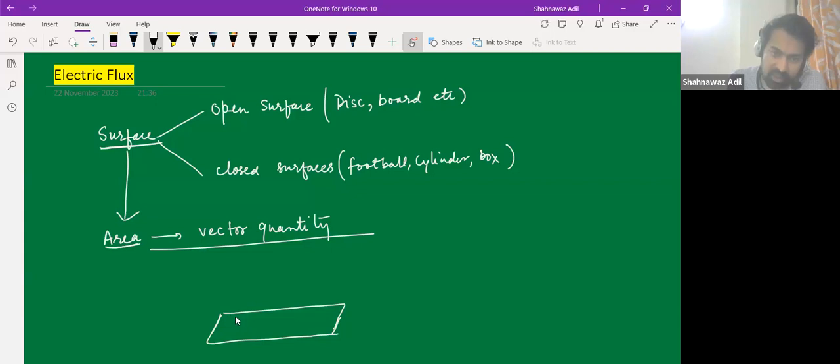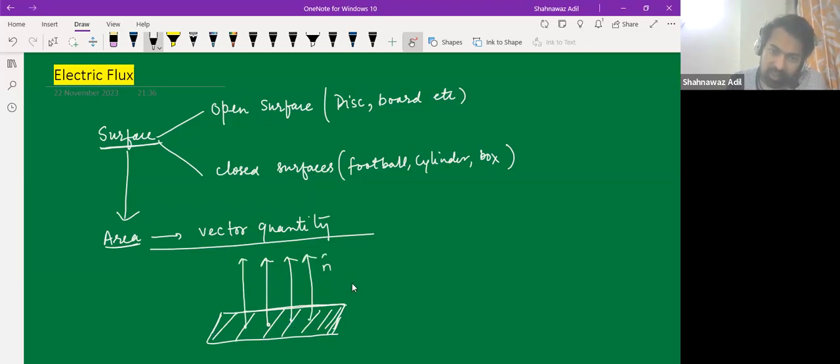If we have a surface like this rectangular surface, this is one of the surfaces. So what would be the direction of the area vector? Area is this, right? So what would be the direction of this area vector? The normal to this plane, normal to this plane, that is the direction, right?